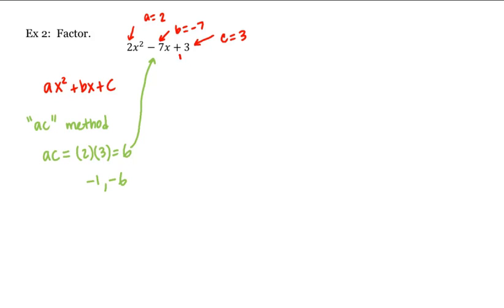Therefore, we rewrite this quadratic expression as 2x squared and then minus 1 times x, or just minus x, and then minus 6x plus 3. And then we factor by grouping. And from the first two terms, we can factor out an x, and we're left with 2x minus 1.